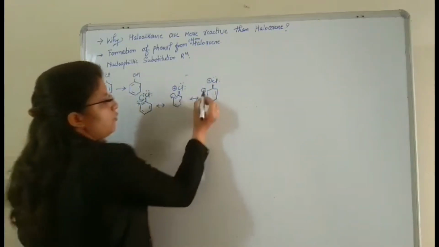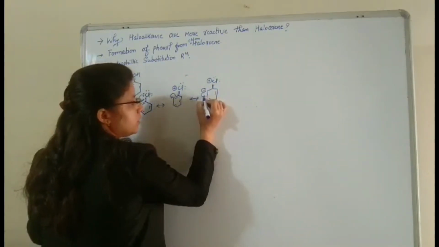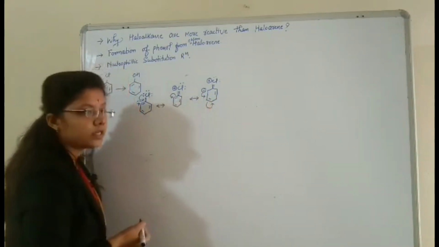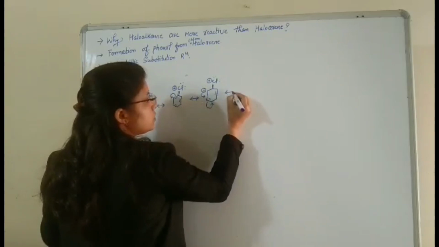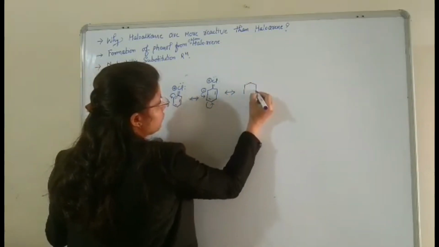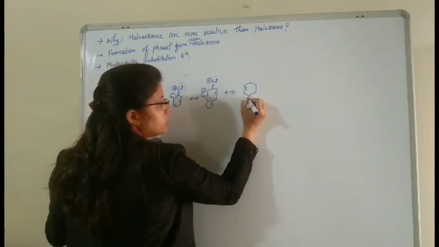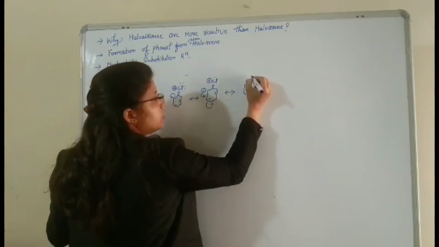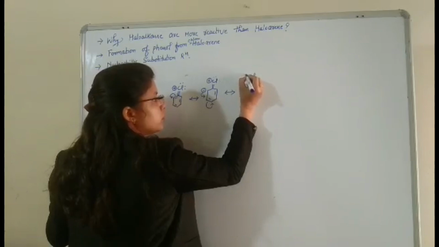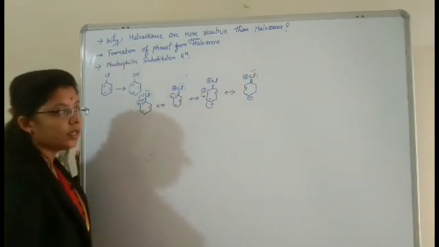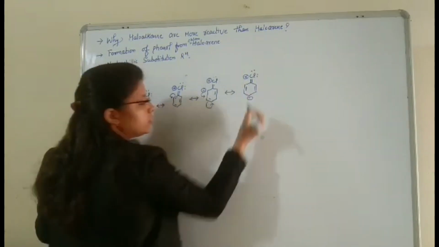After that, when this negative charge comes here, this electron will move here, right? So the second resonance structure will be formed in this way. Here a double bond is there, then the negative charge will come here. After that chlorine is here, one positive charge is here, two lone pairs of electrons are here, and the rest of the structure is the same.